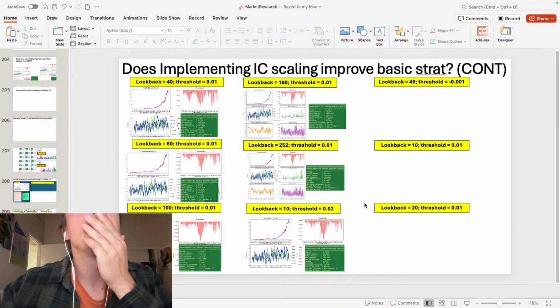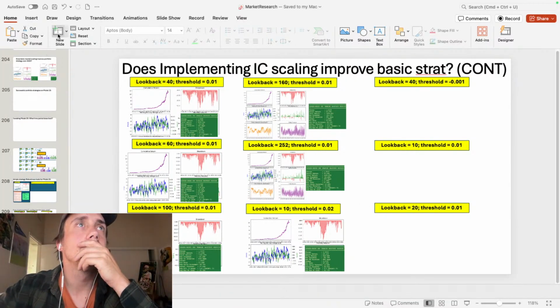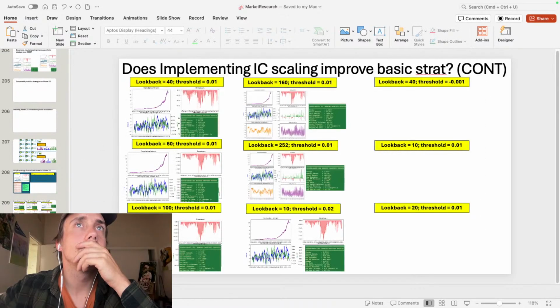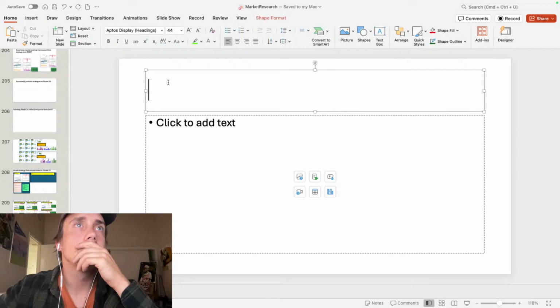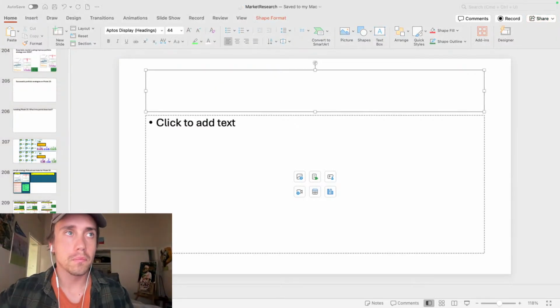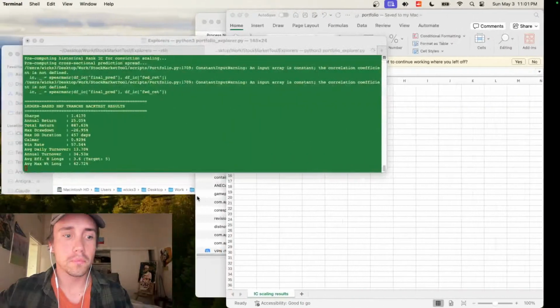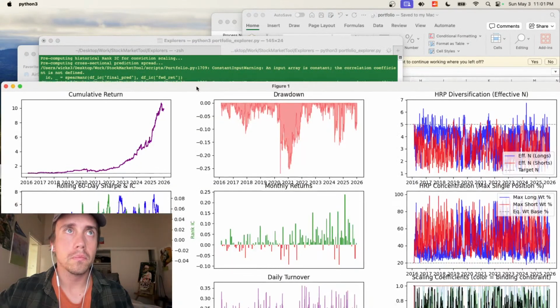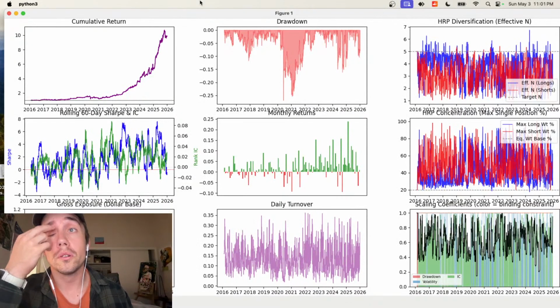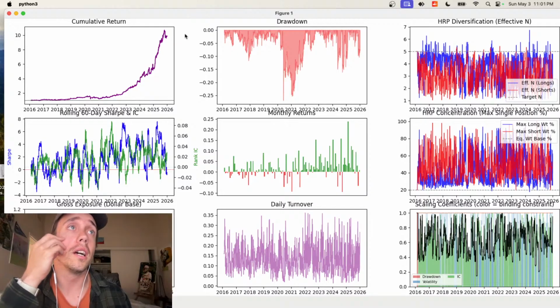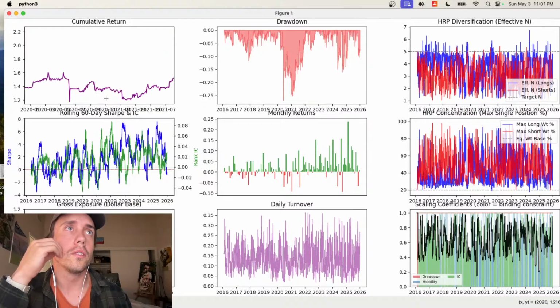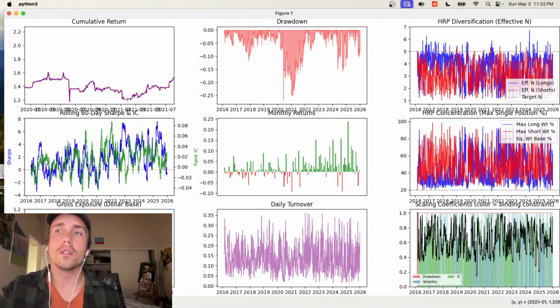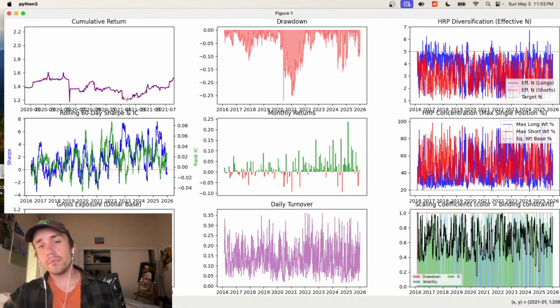Okay, so this is pretty consistently bringing it down. How did it do over 2020? So it dropped from 60% profit down to 20% profit. I don't know.